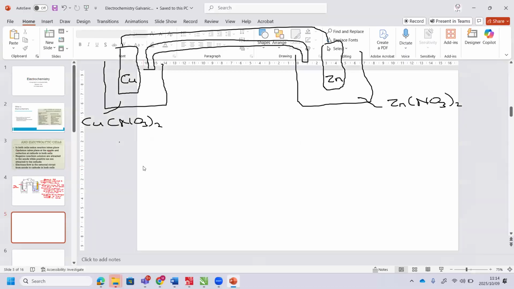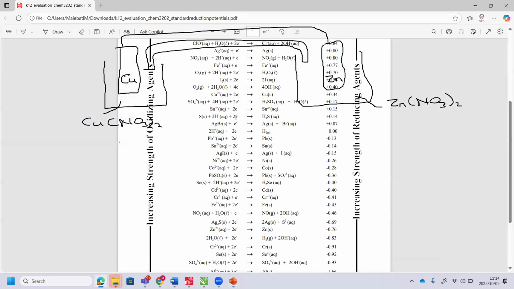Okay, let me just discard them. Yeah, I want this. So let's check where copper is. Okay, this is copper. Now, can you see? I want to write it this way as it appears here.